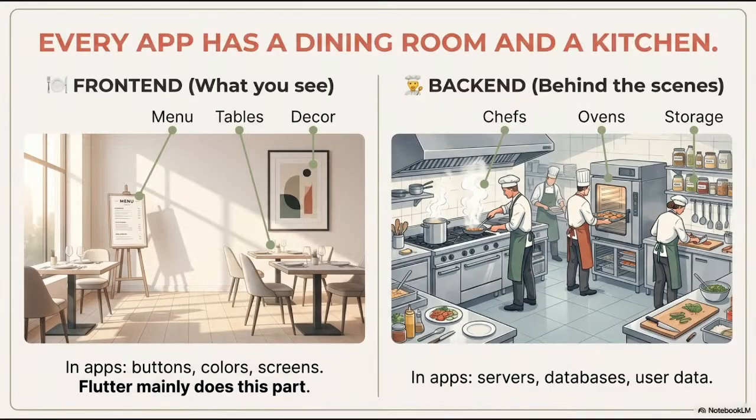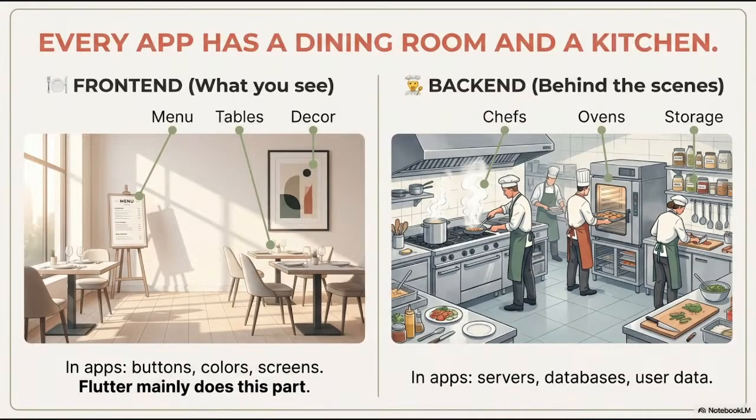These are the back end. When you select an item on the menu and order it, the back end starts working: the kitchen, the chef and the oven start working, stored food is used, and they create a beautiful dish which you ordered.